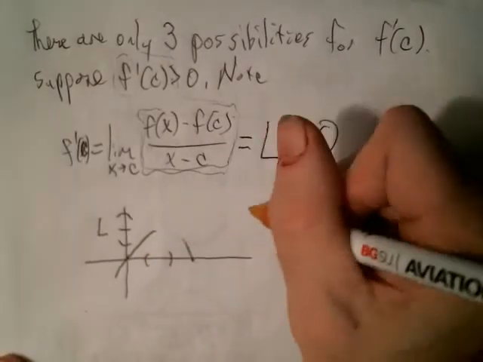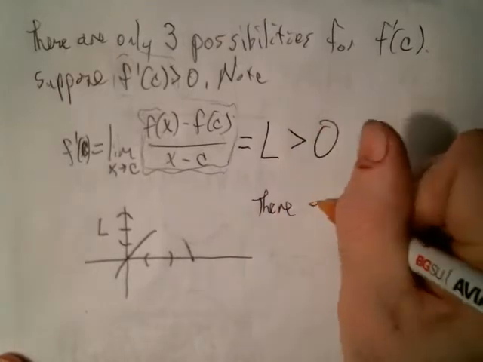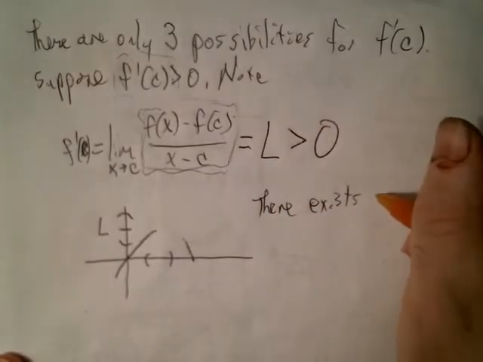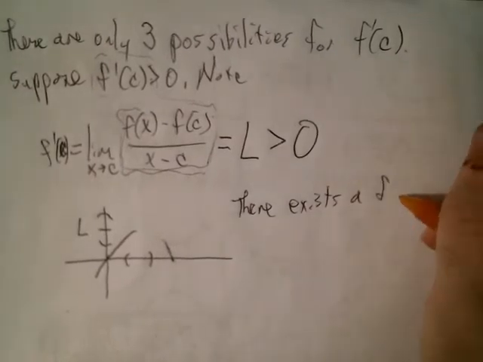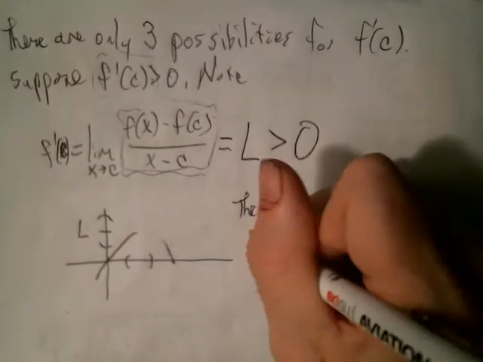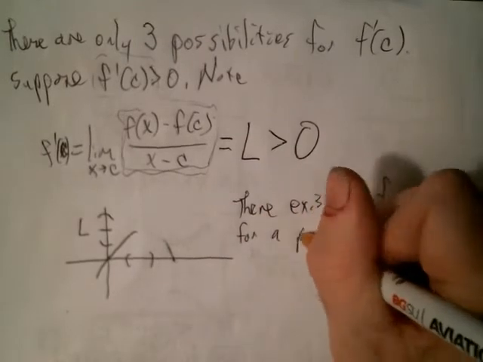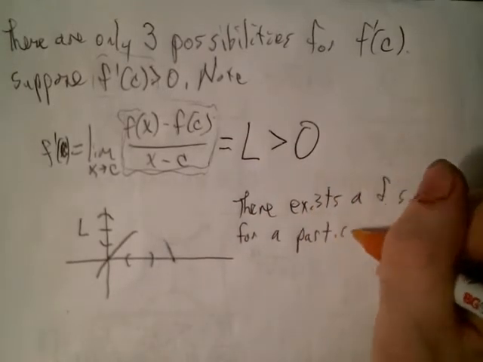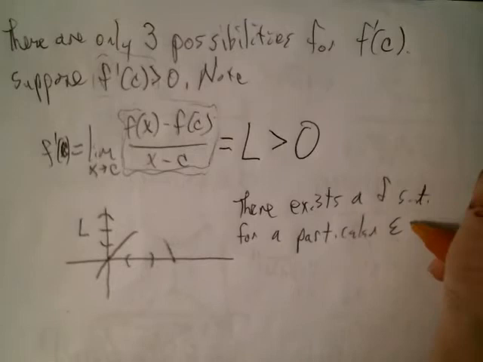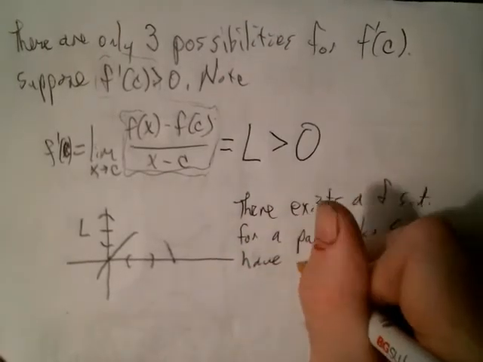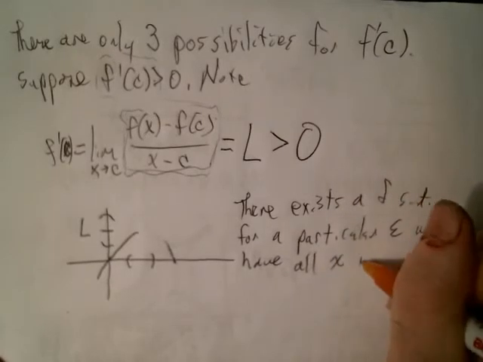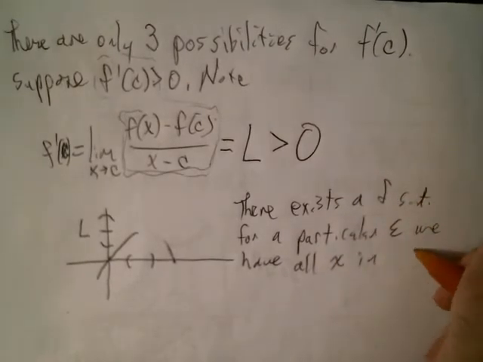So there exists a delta such that for a particular epsilon, we have all x in this interval around delta.